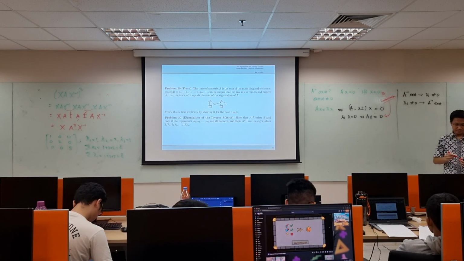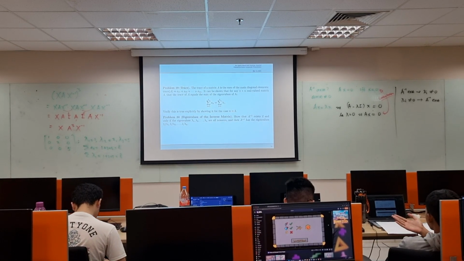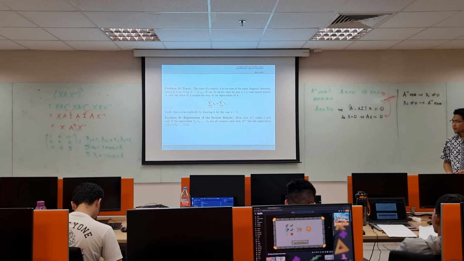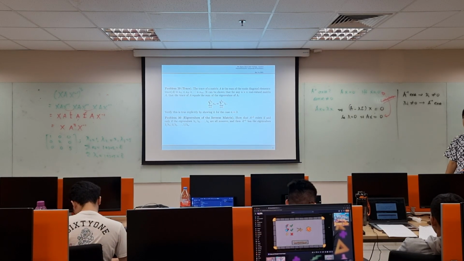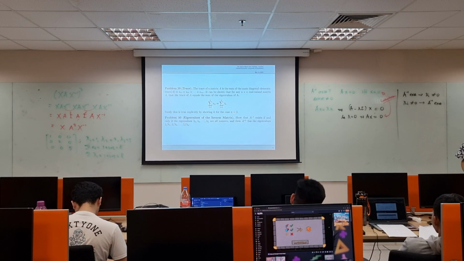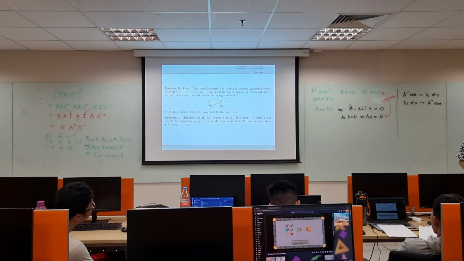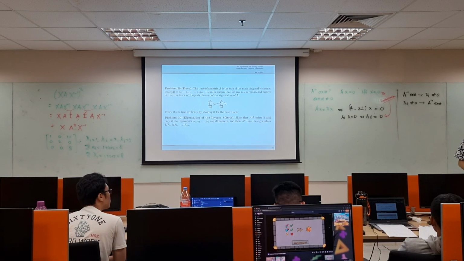Okay. The inverse of the x. Yeah, the A inverse has the eigenvalues of 1 over lambda. That one we haven't shown that yet. Try using the 2 by 2 first, and then 3 by 3.